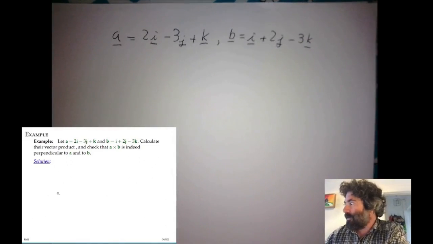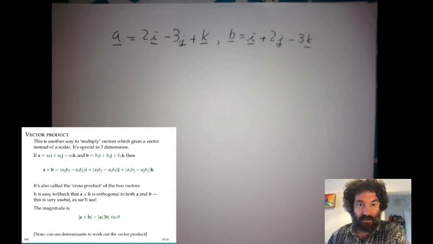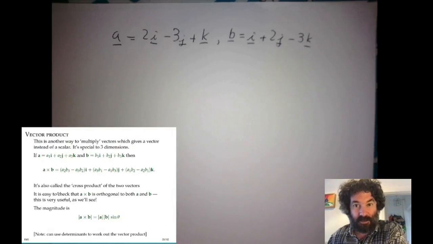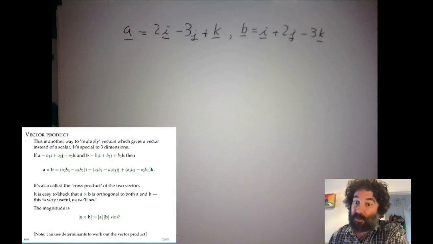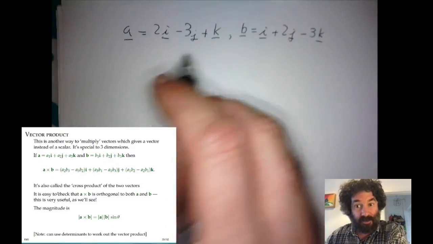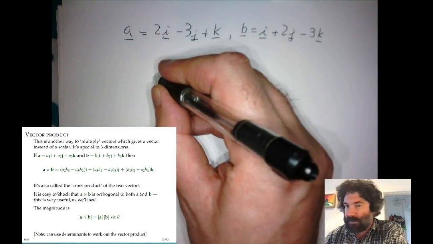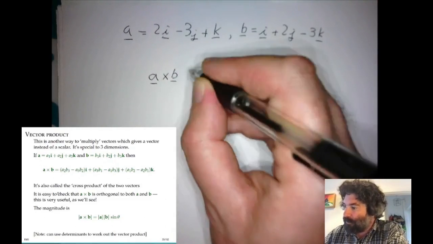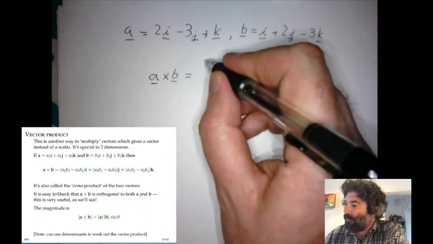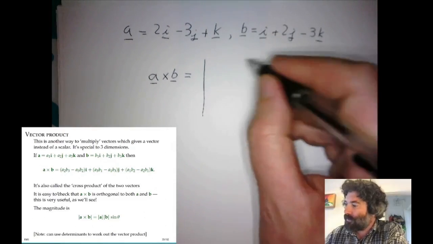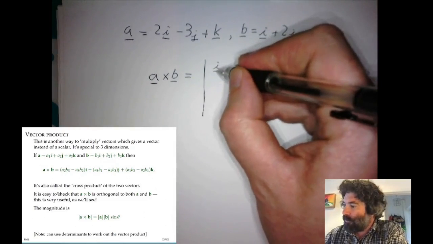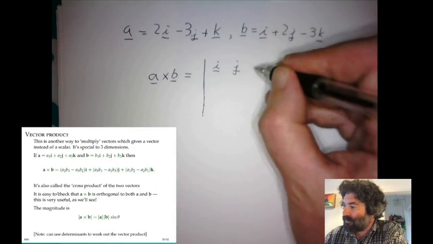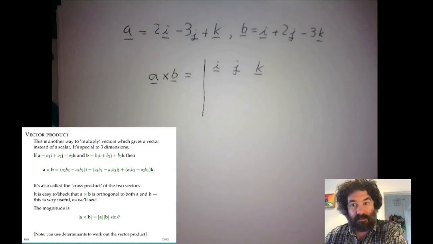All right, so let me go back to the previous slide just so that you can see the formula for the cross product. And you can then confirm that it's going to be consistent with what I'm going to show you by a different method using a determinant. To calculate the cross product of A and B, we do the following. We write a matrix where the top row contains the basis vectors i, j, and k.